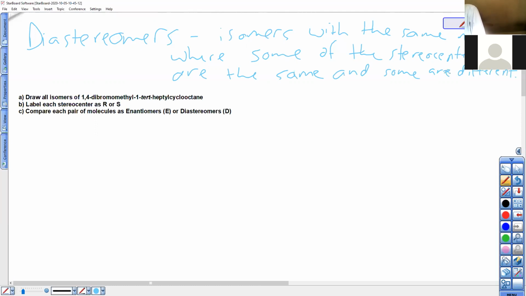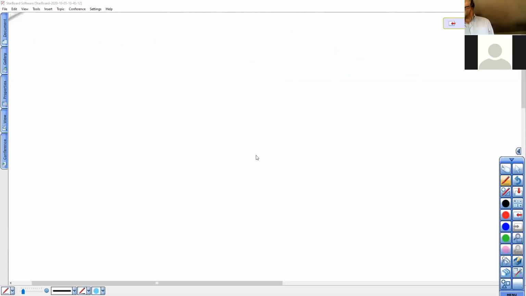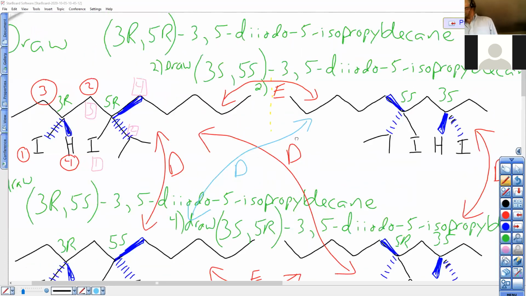So just go back quickly to our previous example. They all had the same name at the end. In these two, they were both different, so that doesn't fit the definition of diastereomer. When everything's different, that's called enantiomers. But you look at this name here and this third name, the 3 stayed the same and the 5 changed. That is going to be diastereomers.